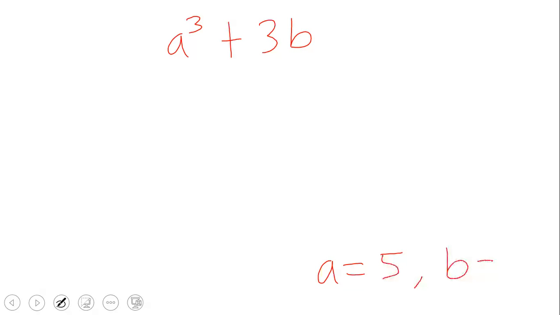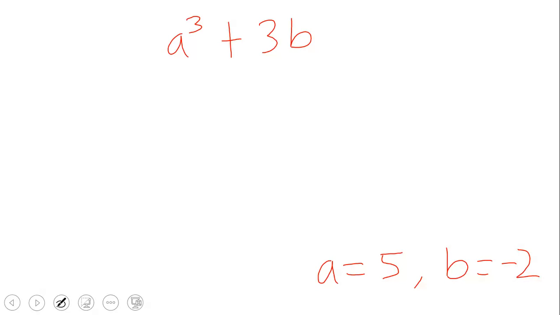I'm going to write this expression on the next slide. Note that we have a cubed plus 3b, and we are given that a equals 5 and b equals -2.